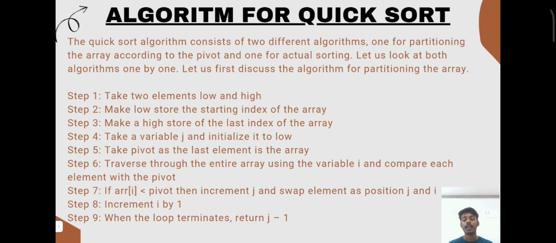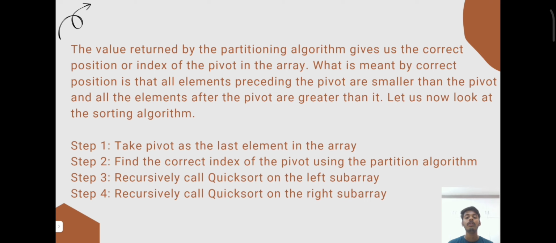If array of i is less than the pivot element, then increment j and swap elements at positions j and i. Step 8. Increment i by 1. Step 9. When the loop terminates, return j minus 1. The value returned by the partitioning algorithm gives us the correct position or index of the pivot in the array.